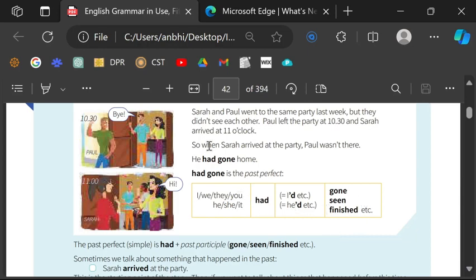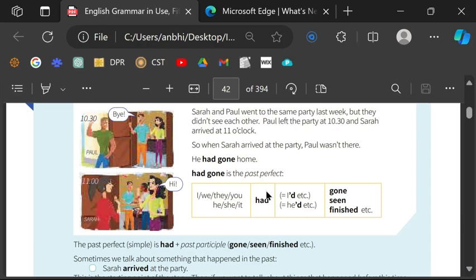Because here we're talking a little different. When she arrived, he had left. But if you say before Sarah arrived, Paul left. Paul left before Sarah arrived. I think it's correct. But then you're putting the action of Paul leaving as the main action.